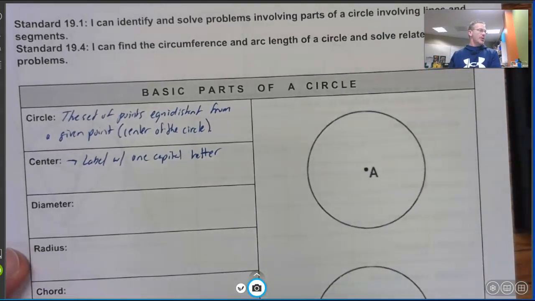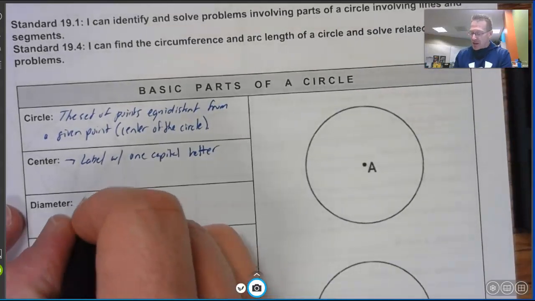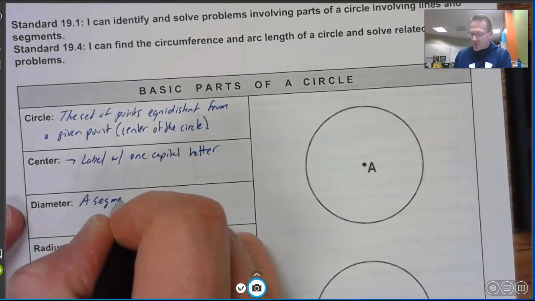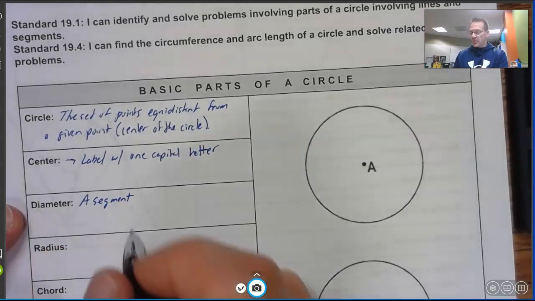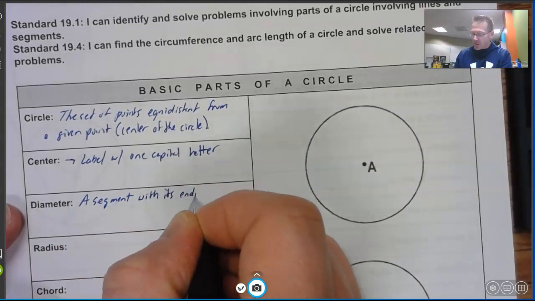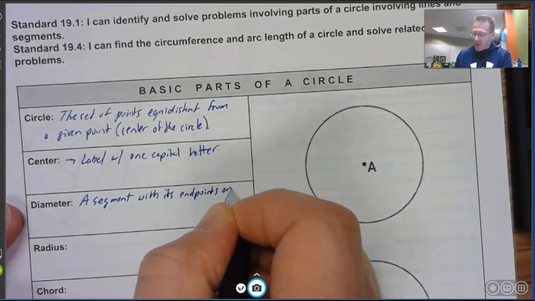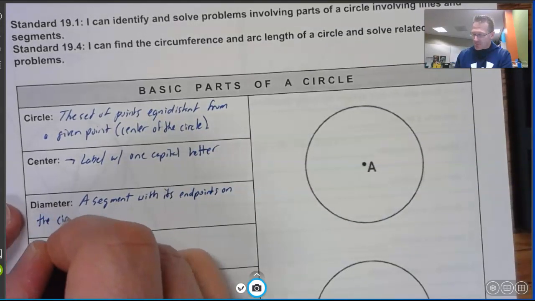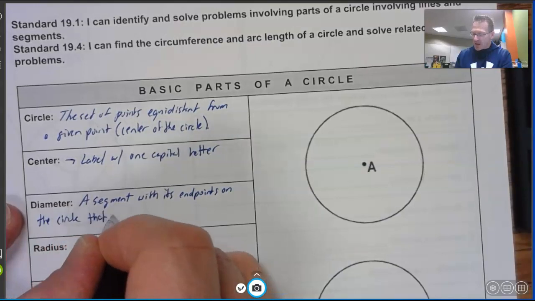Diameter. A diameter is a segment, so that means it has a beginning and an end. A segment with its endpoints on the circle that contains the center.